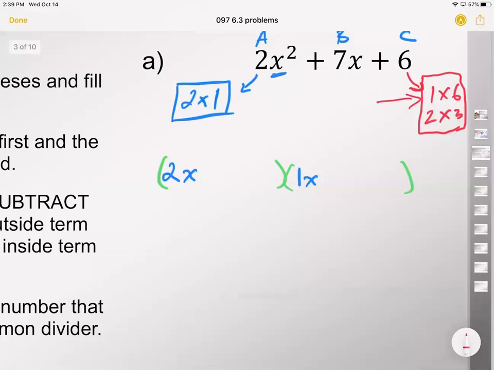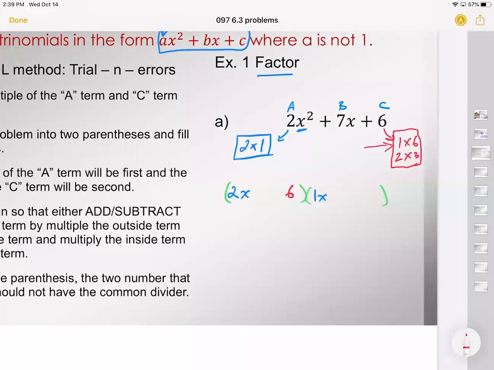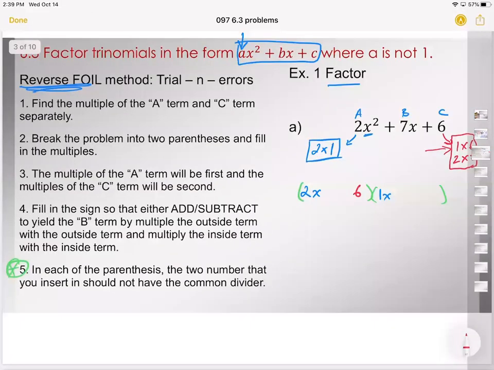Let's say that we're using this multiple 1 and 6. Can I put the 6 here, ladies and gentlemen? Hopefully you say no. Why can you not put a 6 there? Because step 5 tells me that whatever I put in the same parenthesis cannot have a common divider.